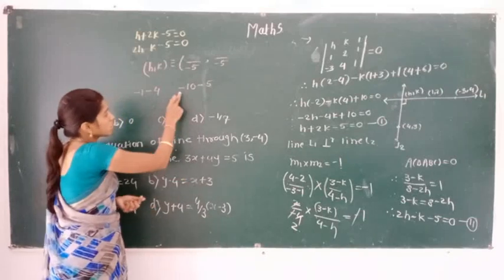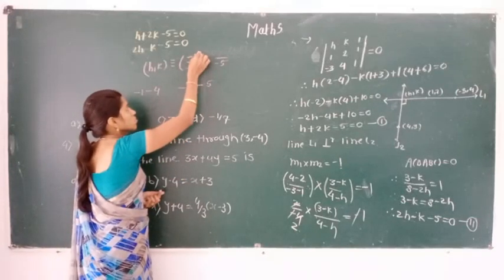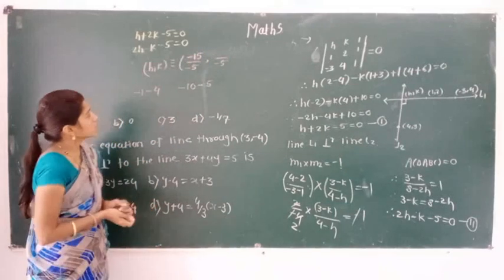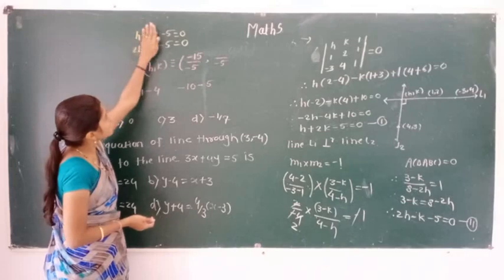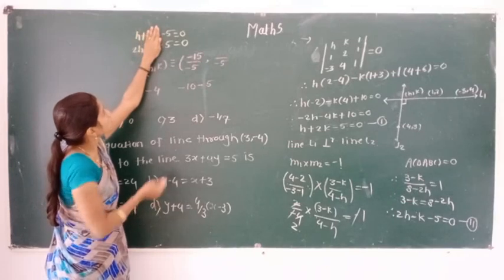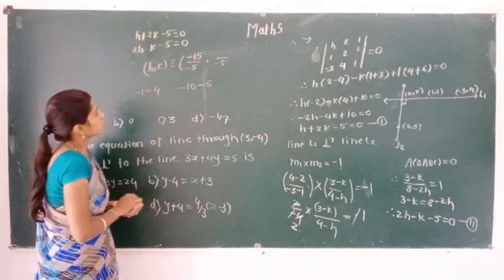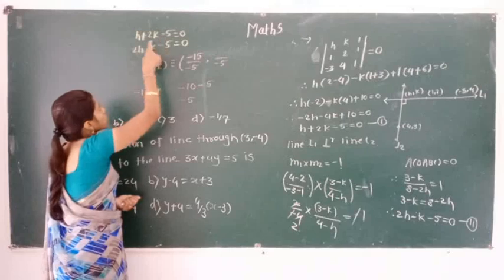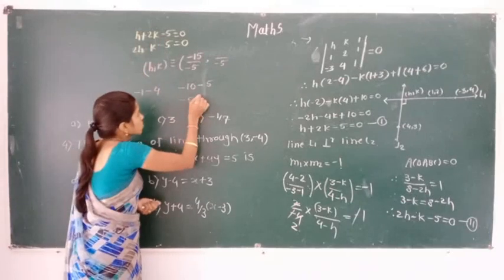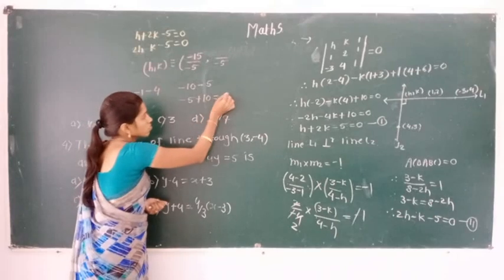So here minus 10 minus 5 is minus 15. Also for the k term, we solve this determinant of order 2: 1 into minus 5 gives minus 5, and the product of these two terms, minus minus, gives plus 10, so we get 5.